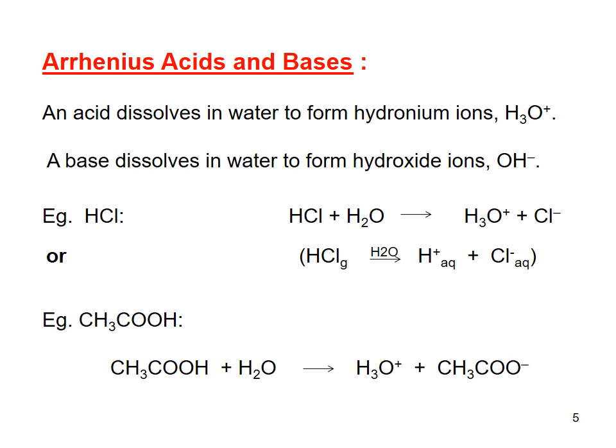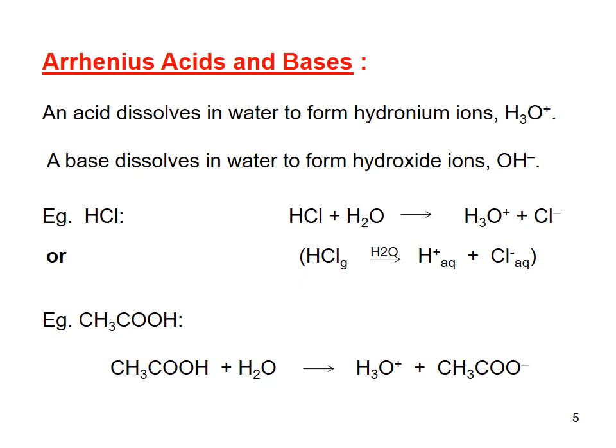For example, HCl in water releases H plus ions, forming hydronium ion, that is H3O plus, and chloride ion. Or you can represent it as HCl in water giving H plus and Cl minus. Since HCl liberates H plus ions into water, or forms hydronium ion, HCl is termed an acid.